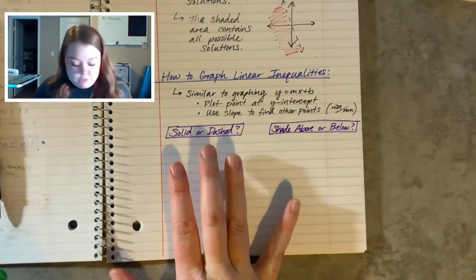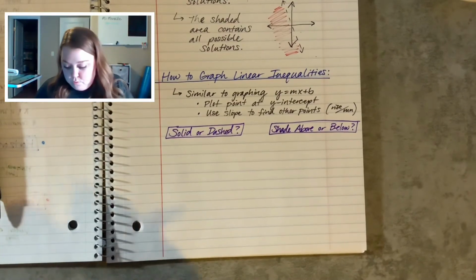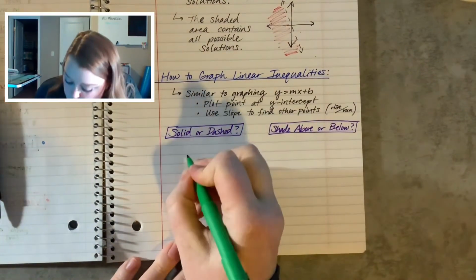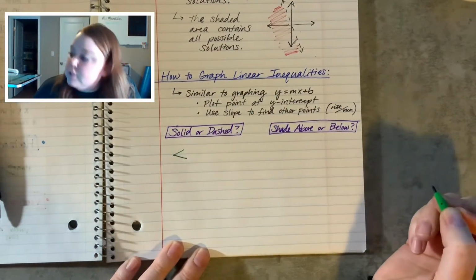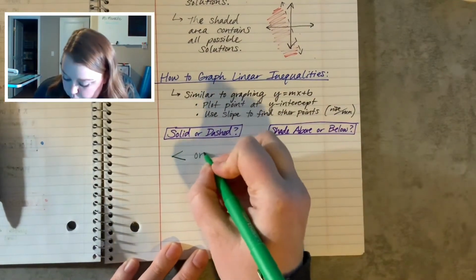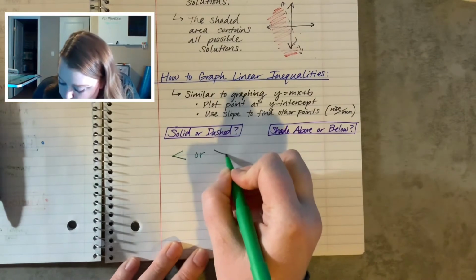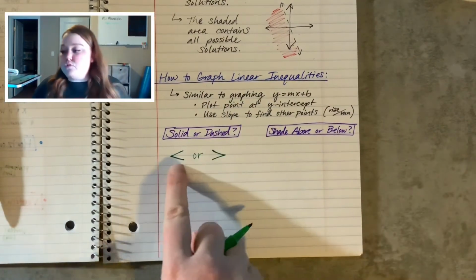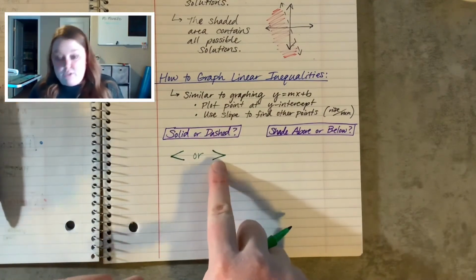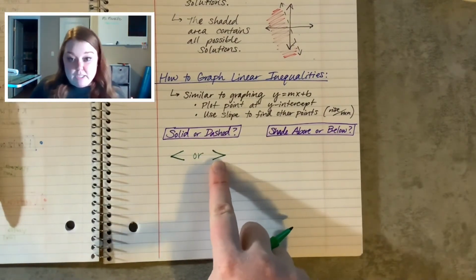Solid or dashed line. Here's how you know which is which. I'd like you to draw a less than symbol, then write the word or, and then draw a greater than symbol. This means strictly less and strictly greater, meaning it can't be equal.